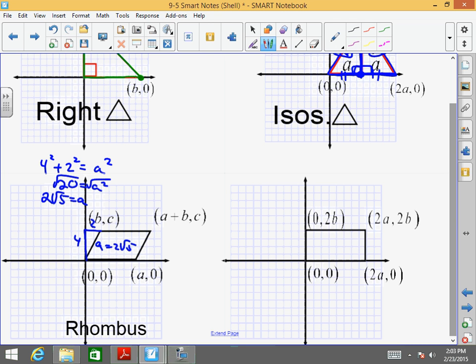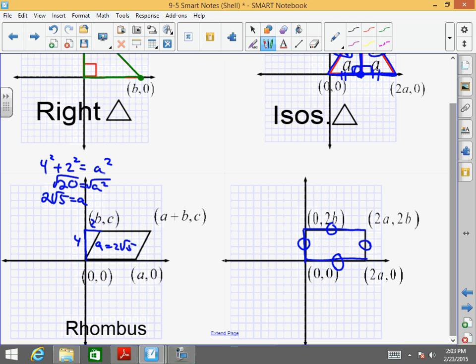Okay? And then, of course, we have a rectangle here. The rectangle is similar to the parallelogram, but even easier. You don't really need a distance formula here. You have a vertical distance, which I can double, and then you have a horizontal distance, which I can double.